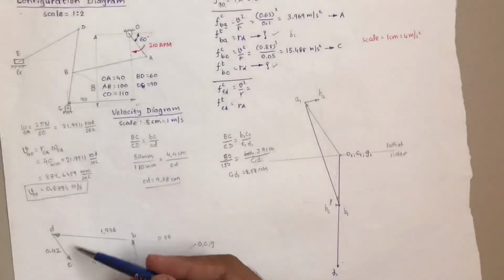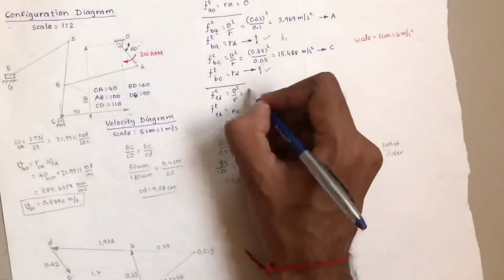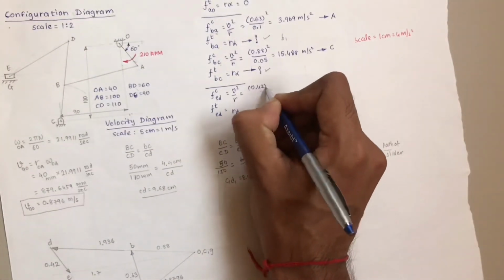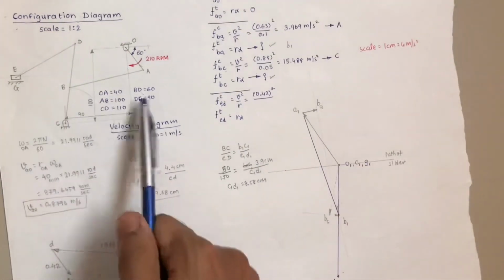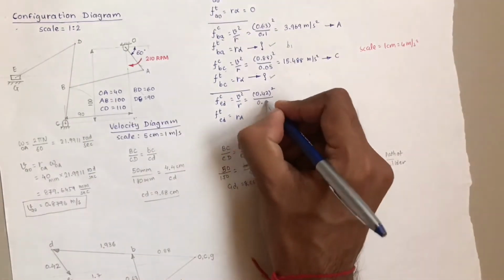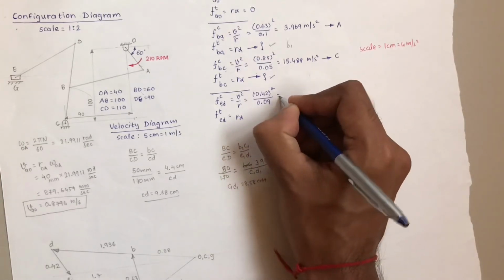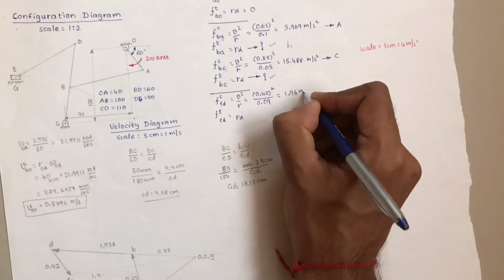Let us see in the velocity diagram, ED is 0.42 meter per second. So V square by R, R represents the DE length, that is 90 millimeters, so 0.09. And the answer will be 1.96 meter per second square.